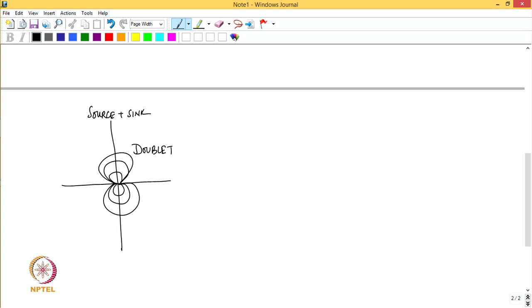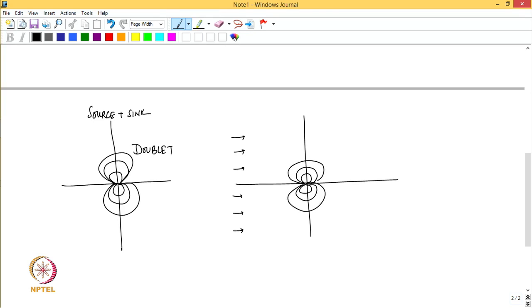Then we also saw that if we have a uniform flow and there is a doublet at the origin, then we got flow over a cylinder. So, this uniform flow plus a doublet gave us flow over a circular cylinder.